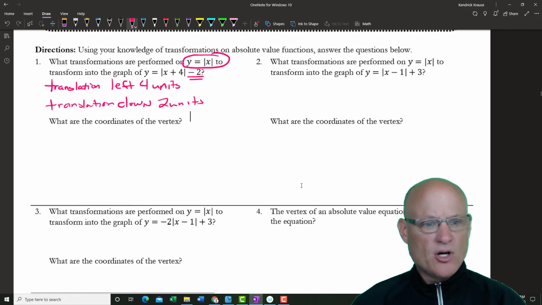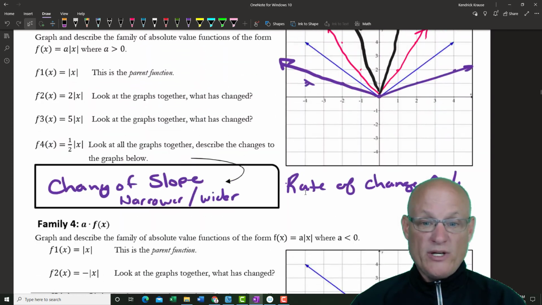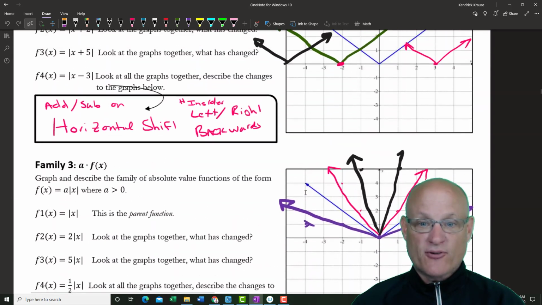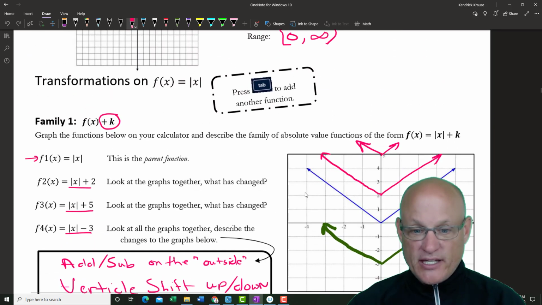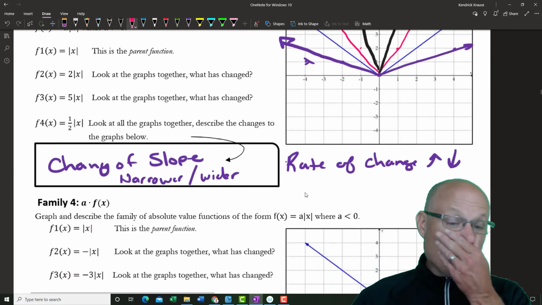All right, let's look at this one. Oh, what are the coordinates of the vertex? Now, when we do the translations, what we're actually doing is moving the vertex. So when we move this, we're moving the vertex. When we move these, we're moving the vertex. So it's very, very simple.